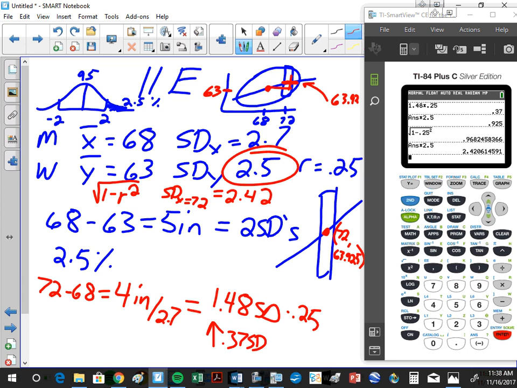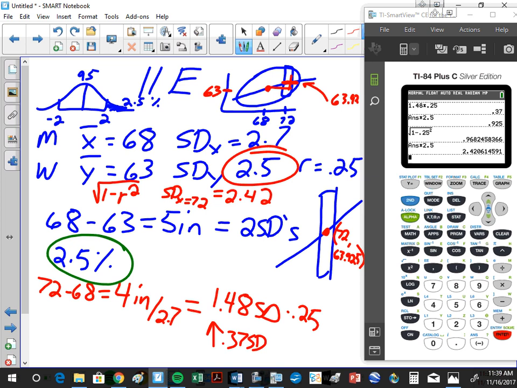Okay, but that's not the answer. That's just the SD of the vertical strip. What do we want? We need a z-score of the y values to get a percentage of how many of the women are over 5 feet 8 inches. Would we expect that to be higher or lower than our original amount? So when we solved A, we said 2.5% of the women are over 68 inches tall.